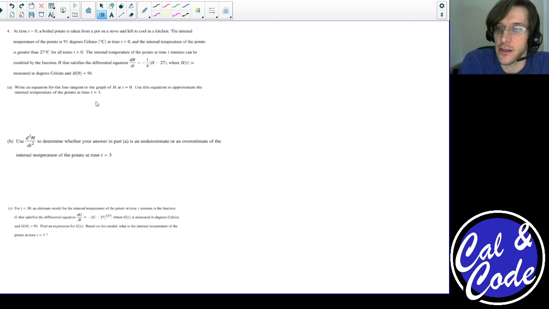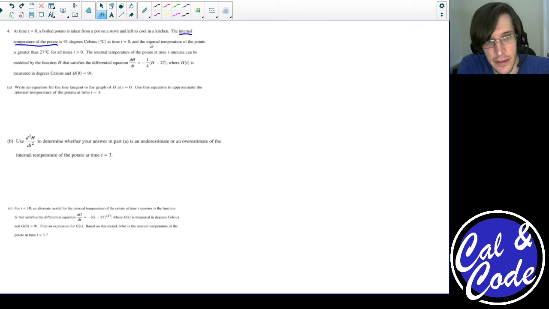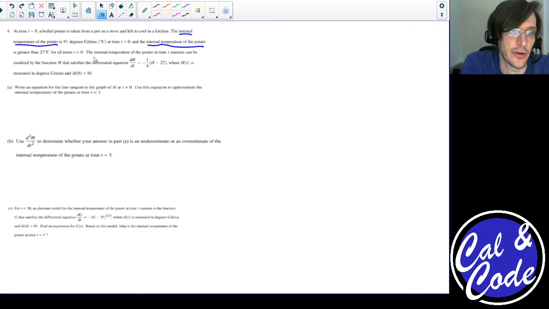Okay, here is our famous potato problem. Let's read this thing one time through, and then we're going to stop and think about it for a second. At time t equals 0, a boiled potato is taken from the pot on a stove and left to cool in a kitchen. The internal temperature of the potato is 91 degrees Celsius at time t equals 0, and the internal temperature of the potato is greater than 27 degrees Celsius for all times t greater than 0.